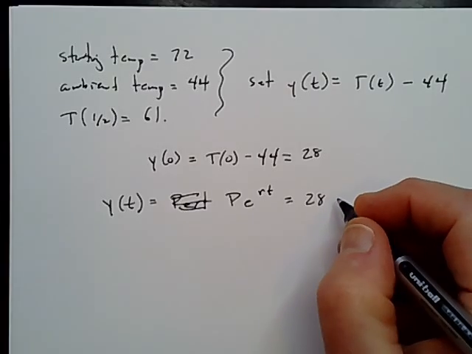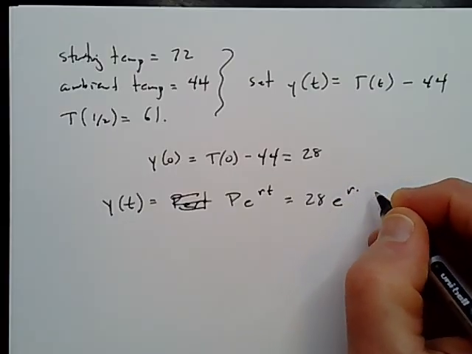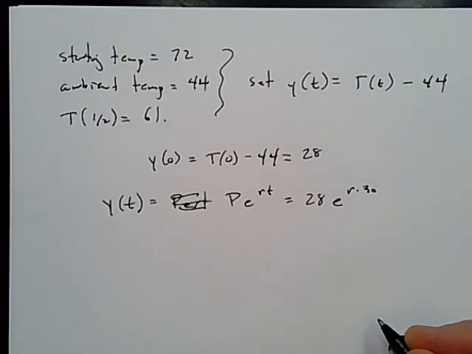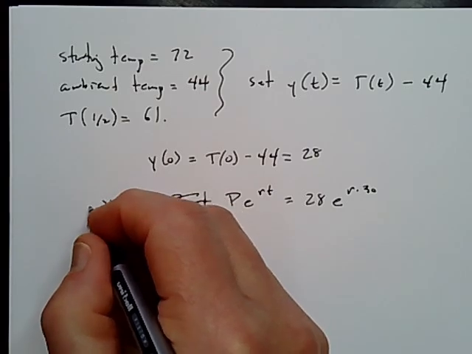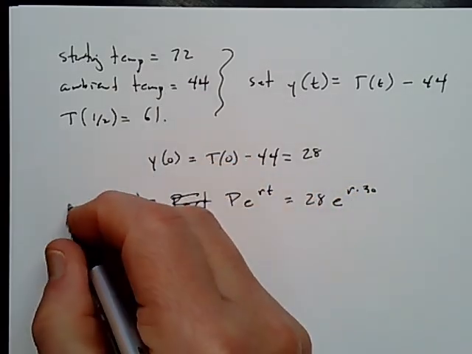e to the r times, let's see, should I work in minutes or hours? e to the r times, I guess I'm going to work in minutes, 30. And of course we know that y of 30 minutes is 61.